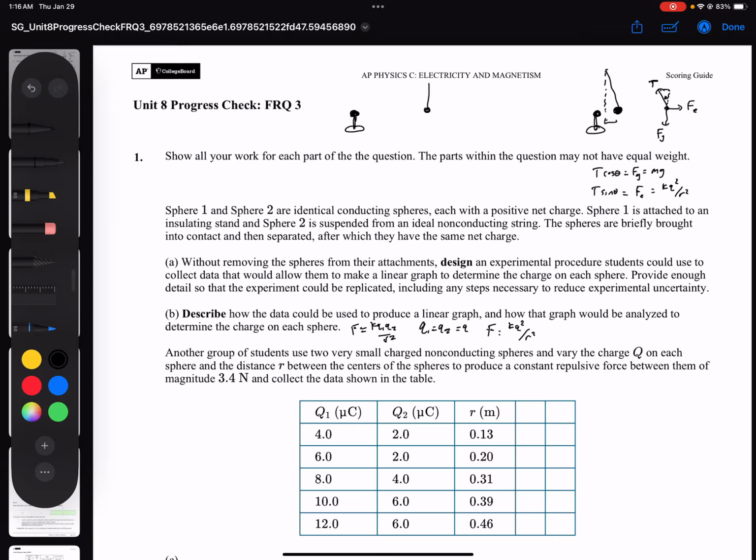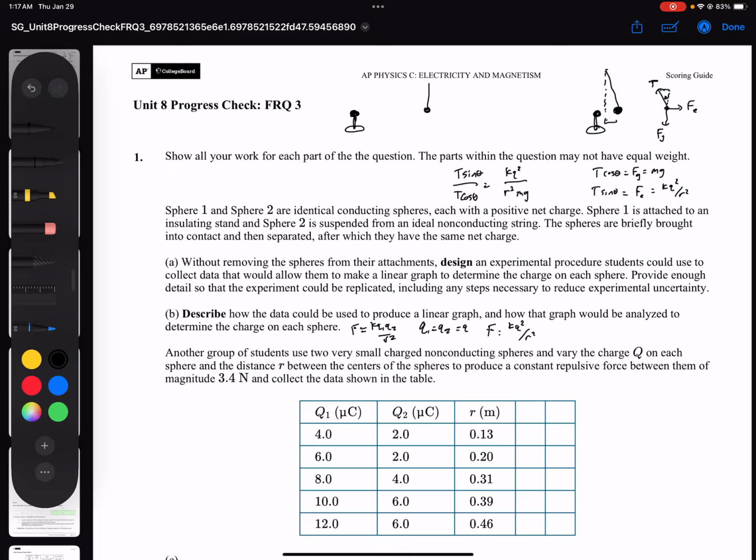So what we want to do is ignore the tension, so we have to cancel it out some way. So I'm just going to divide these two equations, right? Or I think what makes more sense is to do T sine theta divided by T cosine theta. All right, and we know that has to equal K Q squared over R squared, but then all that divided by mg, so I have over R squared times mg.